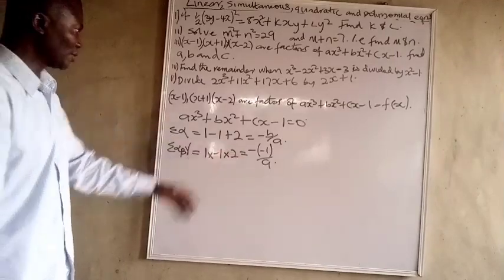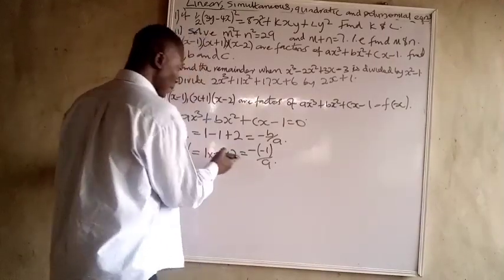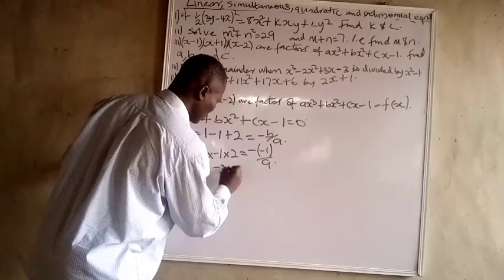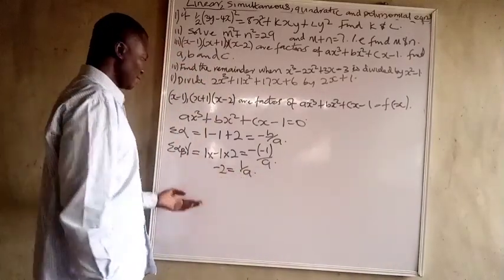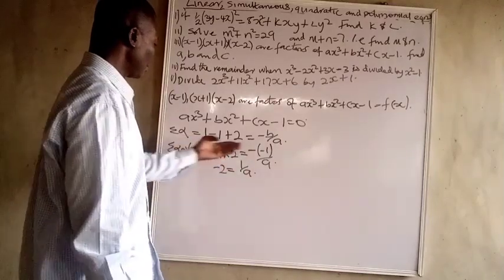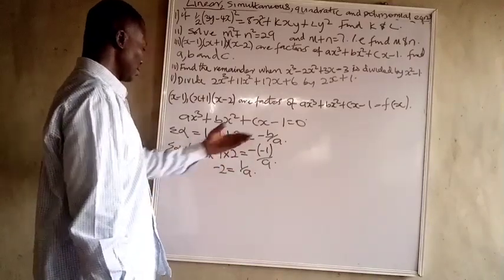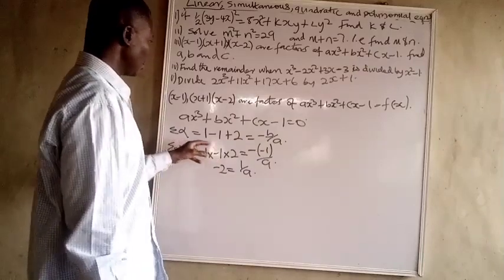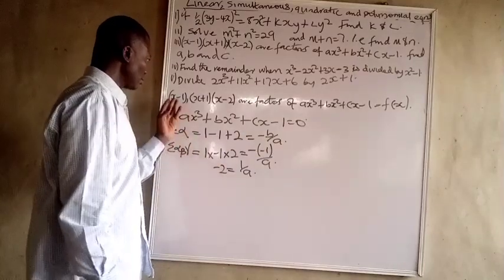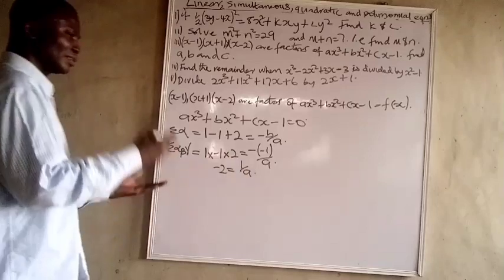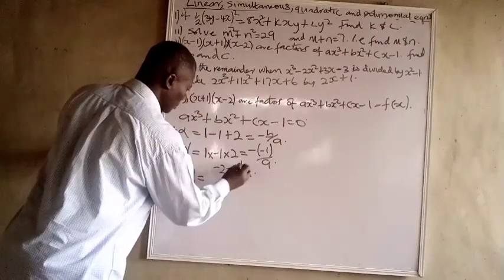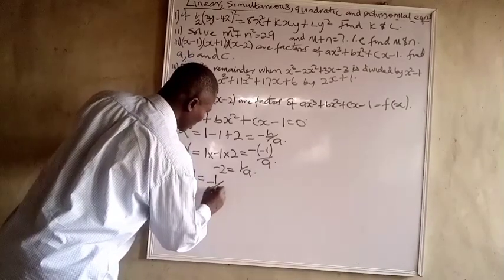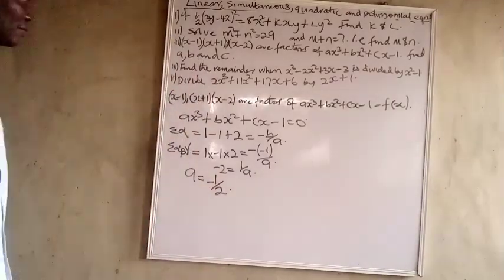You can see now, straightforward. So this one is minus 2 is equal to minus 1 over a. So from here, I can find what a is. So a is equal to minus half.